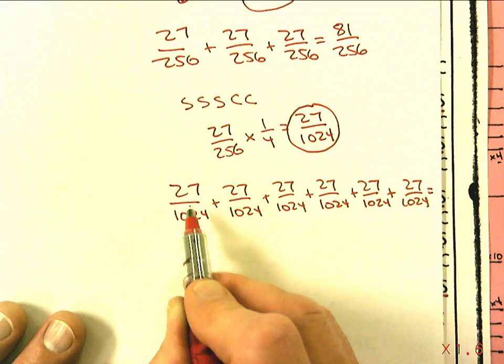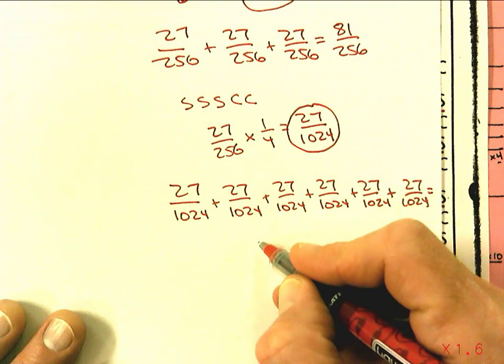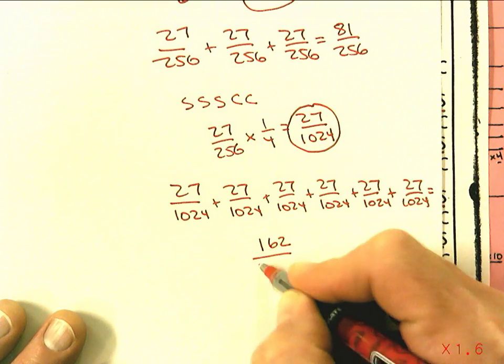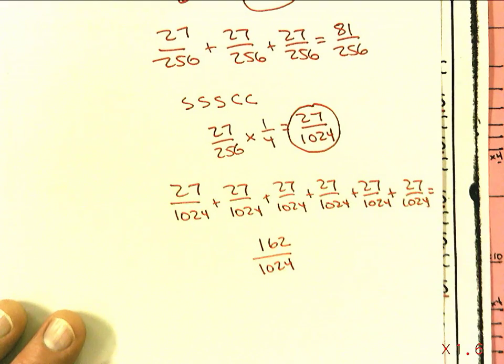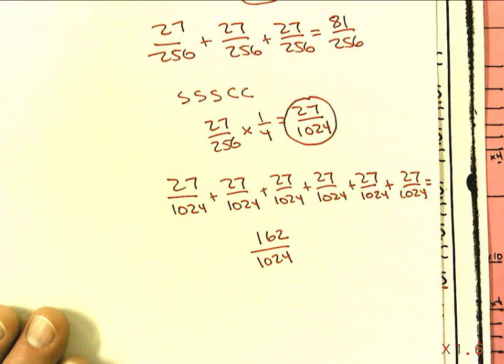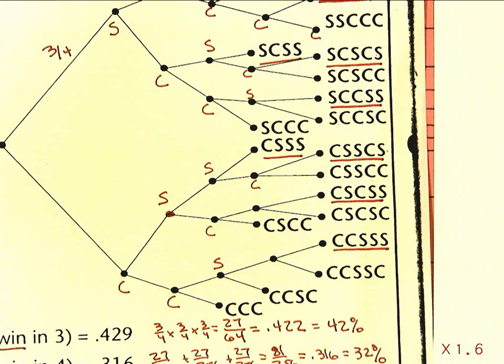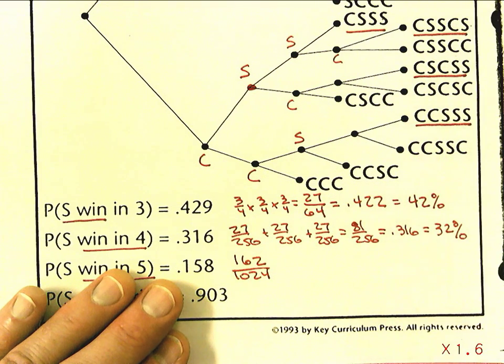And what I'm left with is 27 times 6, or 162 out of 1,024 for the different ways that they could win in 5 games. So if I take that, this time I'm just going to write it down here, 162 out of 1,024, and I divide that out.